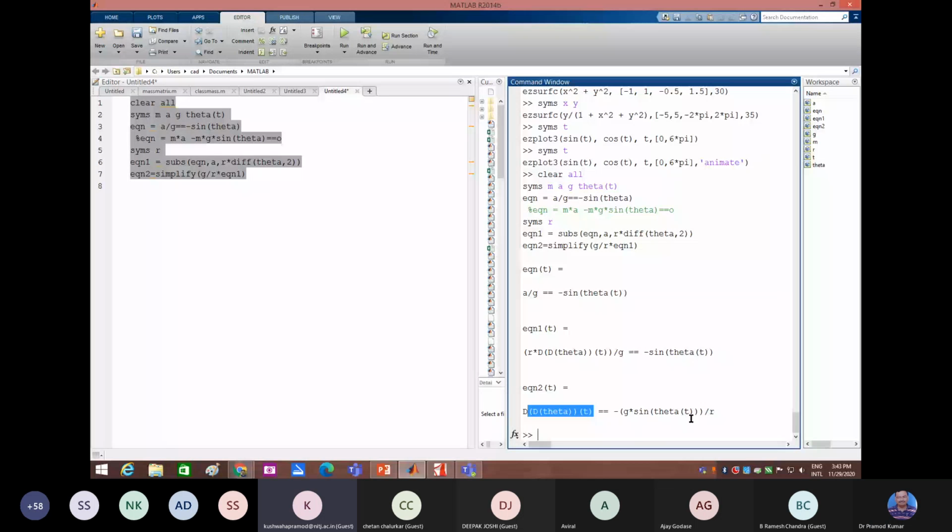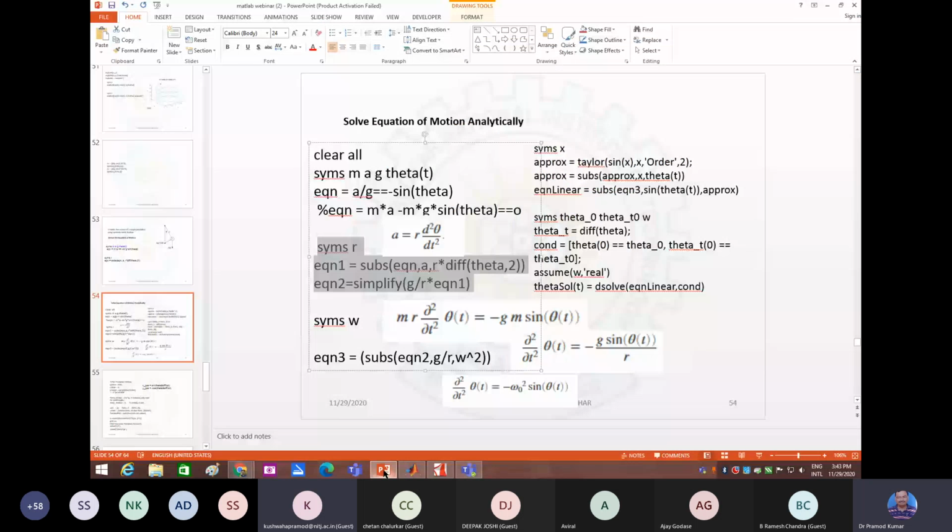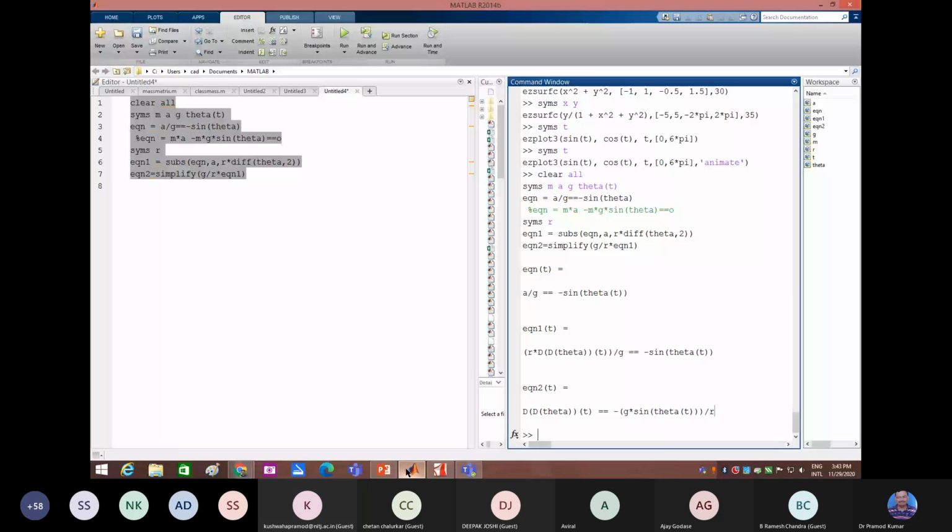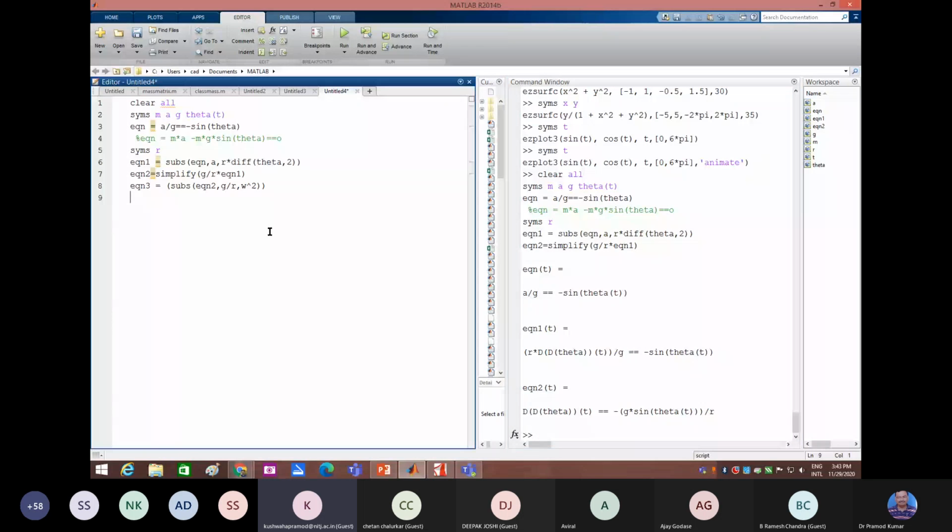This equation comes. After that, substitute g by r equal to omega square. This thing we substitute in this, and then we get the equation which is to be solved. Omega square we put in this.